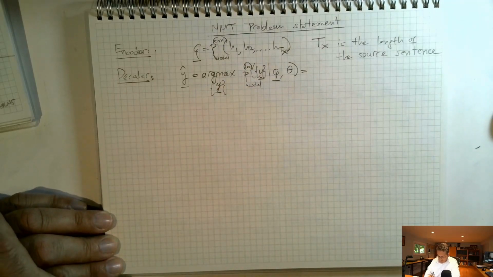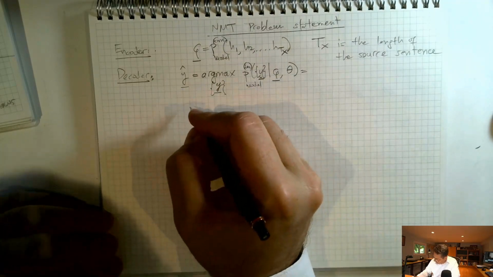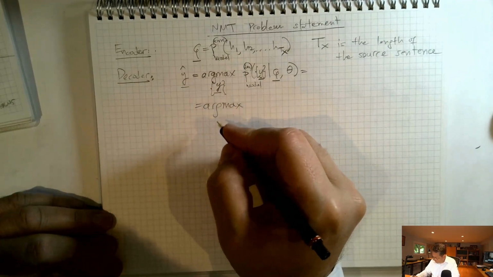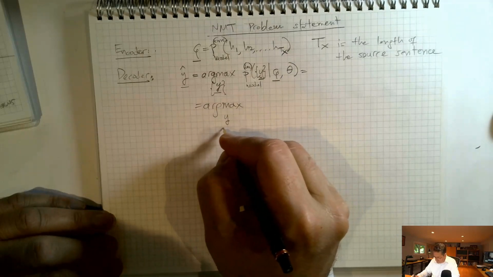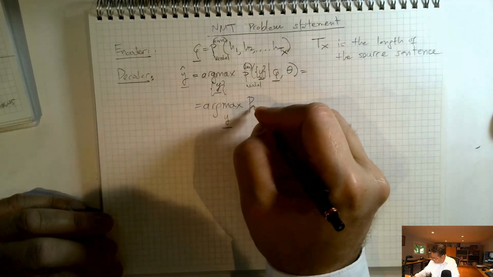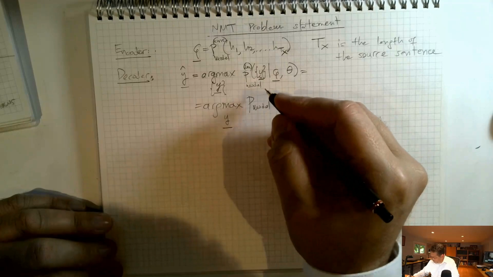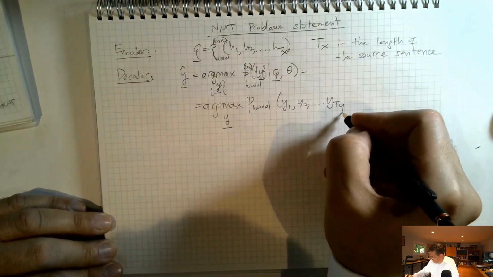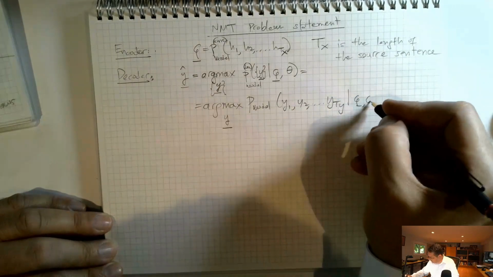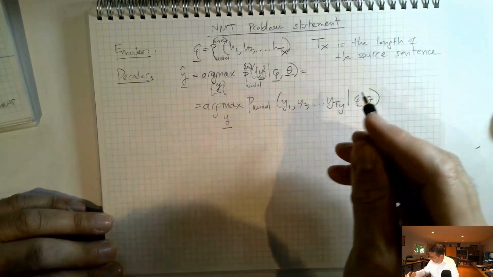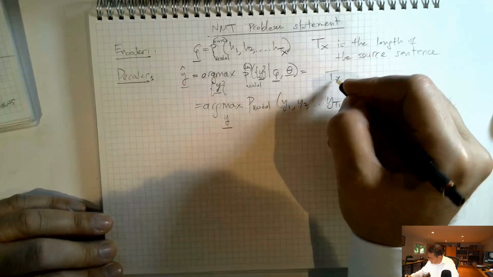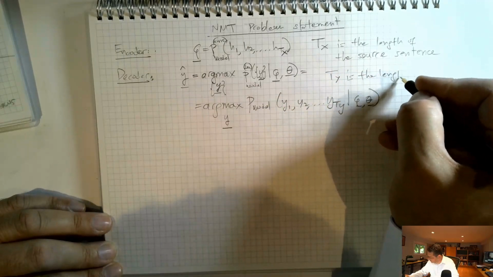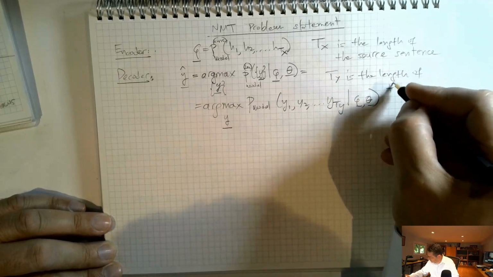So we have here an argmax over y of a P model of y1, y2, up to y T_y given phi comma theta, where T_y in this case is the length of the target sentence.